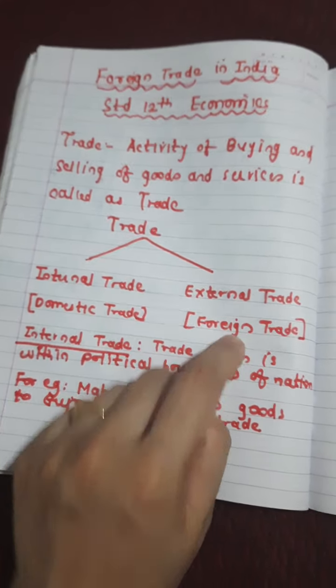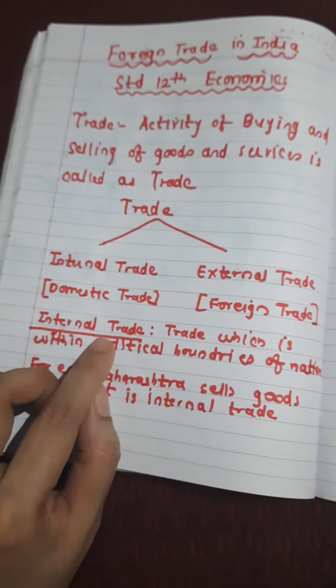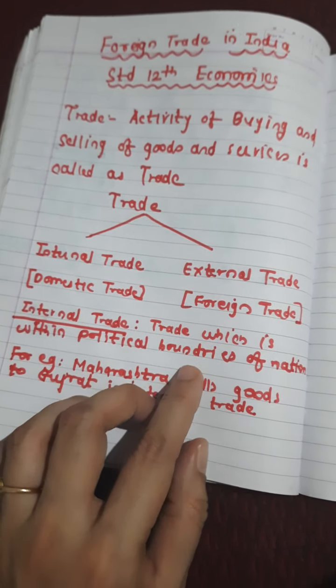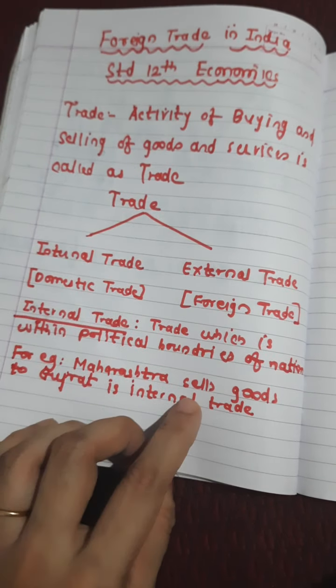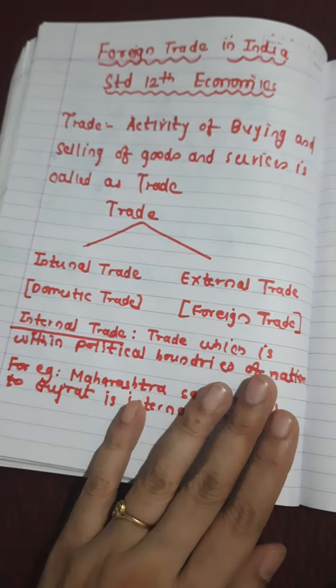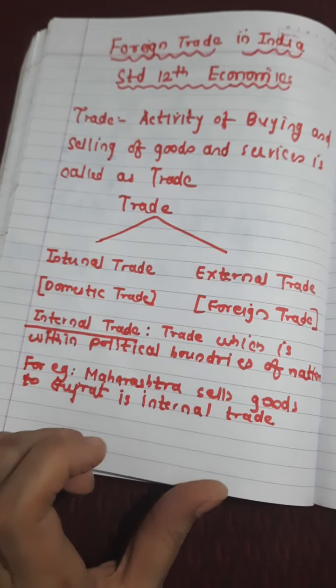Out of these, foreign trade is the name of our chapter. Internal trade: trade which is within the political boundaries of the nation. For example, Maharashtra sells goods to Gujarat. That's internal trade. No currency exchange. Currency remains the same.